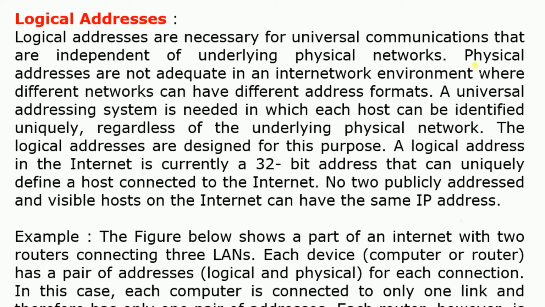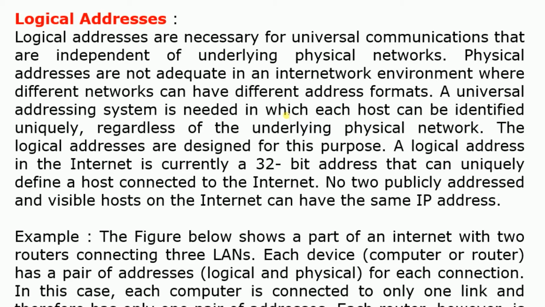Here you can see the physical addresses are not adequate in an inter-network environment where different networks can have different address formats. Even different LANs will have different types of address formats. Then it's very difficult to identify the computers.